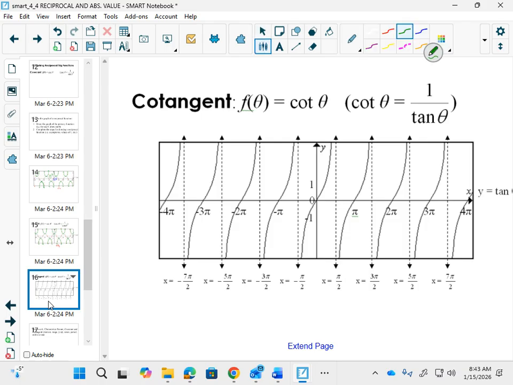And cotangent is the one reciprocal graph that has some exceptions.